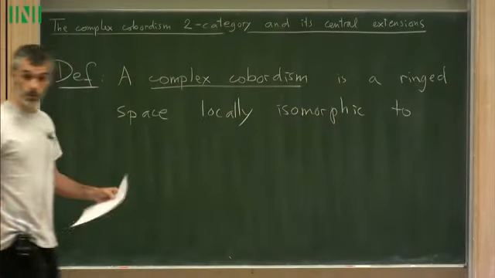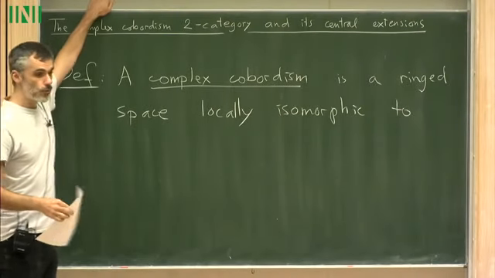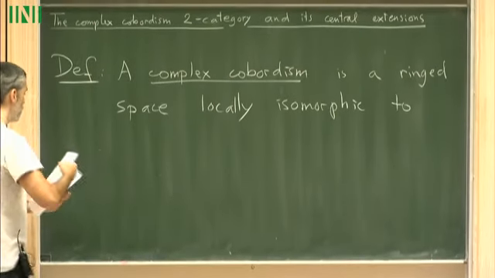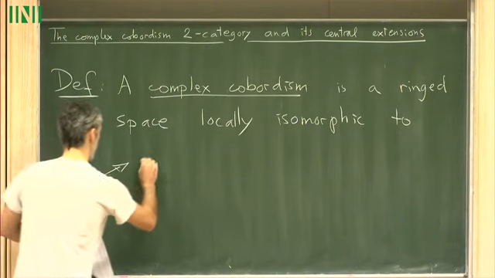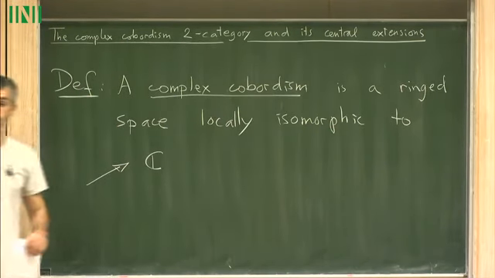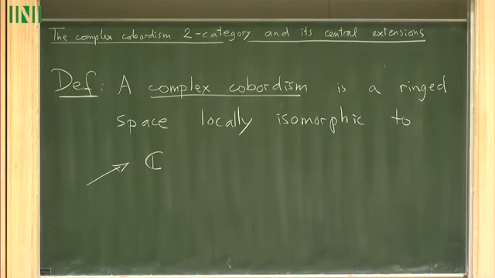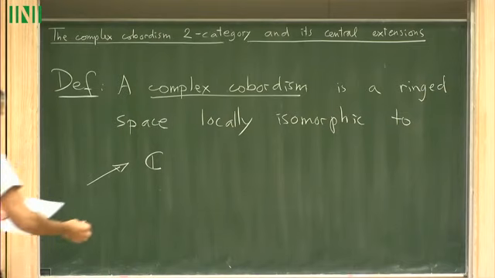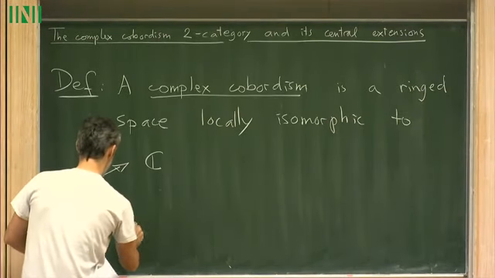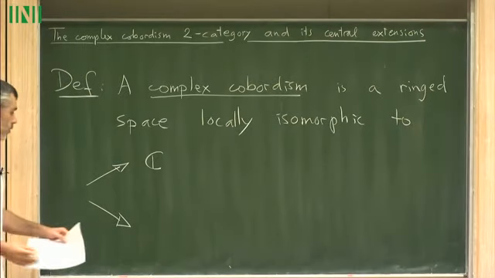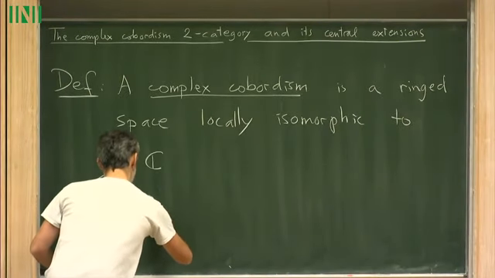Locally isomorphic to, well, if there was no boundary, it would be locally isomorphic to the complex plane with its sheaf of holomorphic functions. And given that I do want to allow boundary, I'm going to talk about the upper half plane.